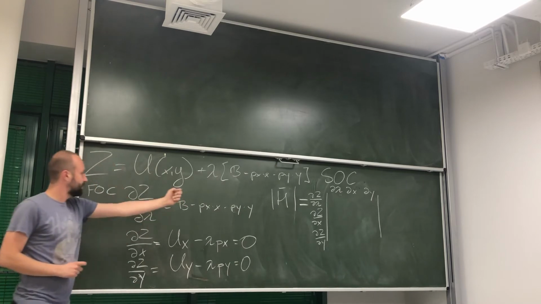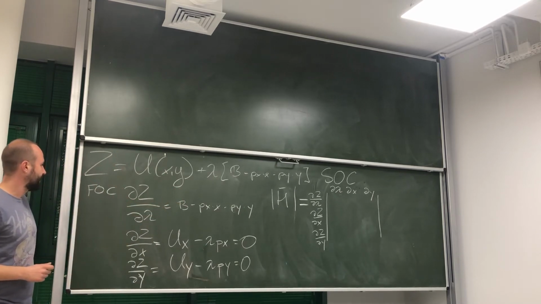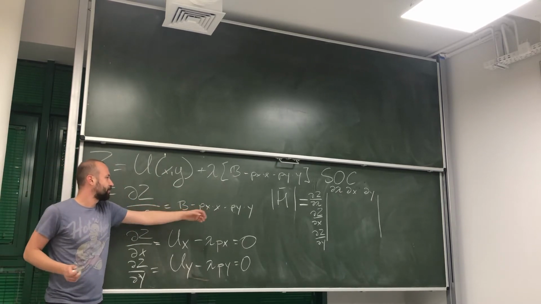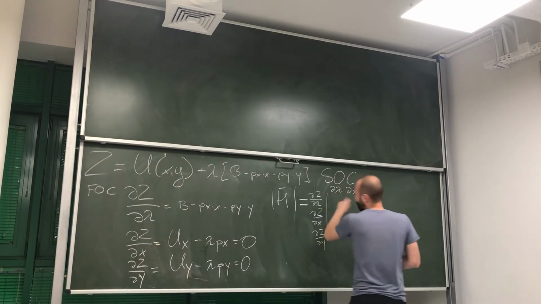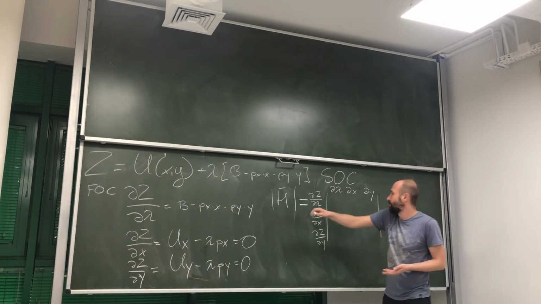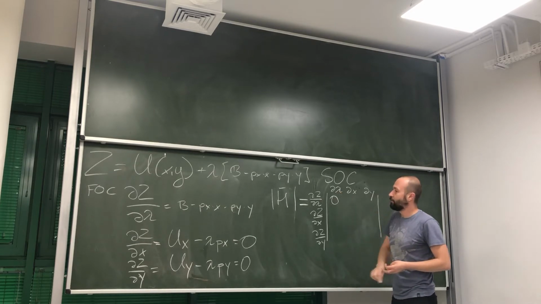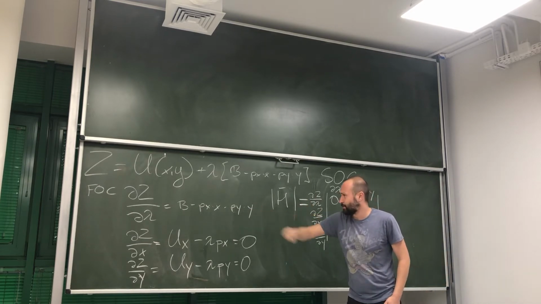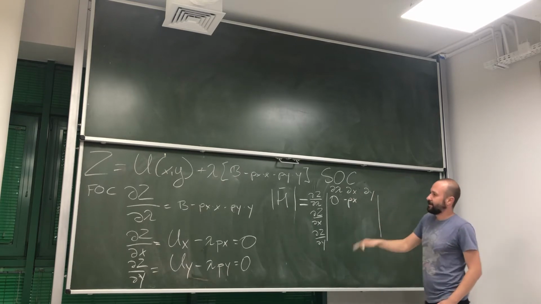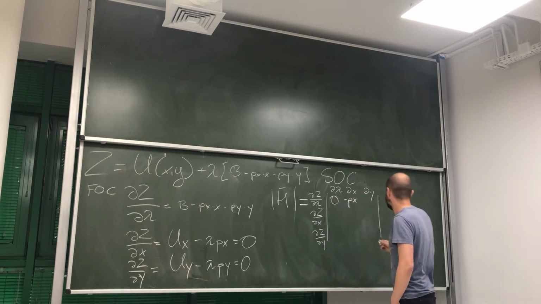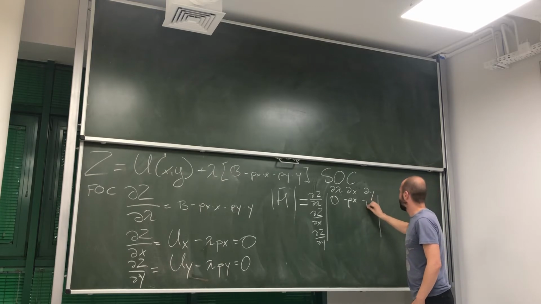So the first partial derivative, we see that this is simply the repetition of the constraint. We differentiate it first with respect to lambda, but there's no lambda, so 0. Then with respect to x, it's negative px. And then with respect to y, we get negative py.